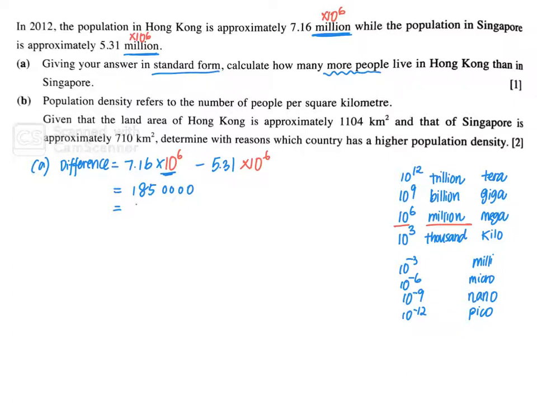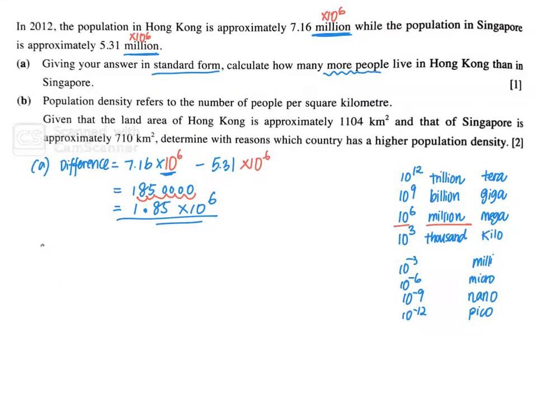So it will be 1.85. Let's consider our decimal place, 1.85. In this case, I need to shift and make sure the number increases. So it's times 10 to a positive number. 1, 2, 3, 4, 5, 6. So this will be 1.85 times 10 to the power of 6.